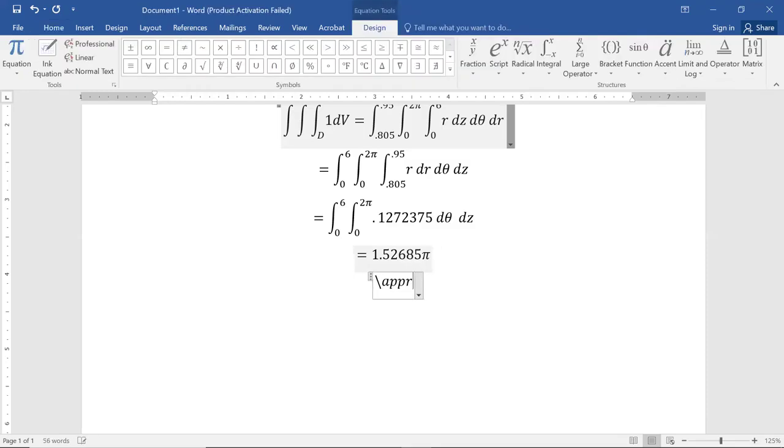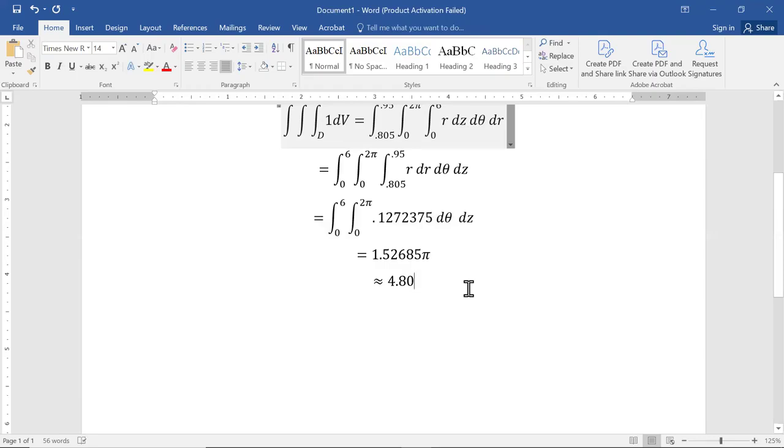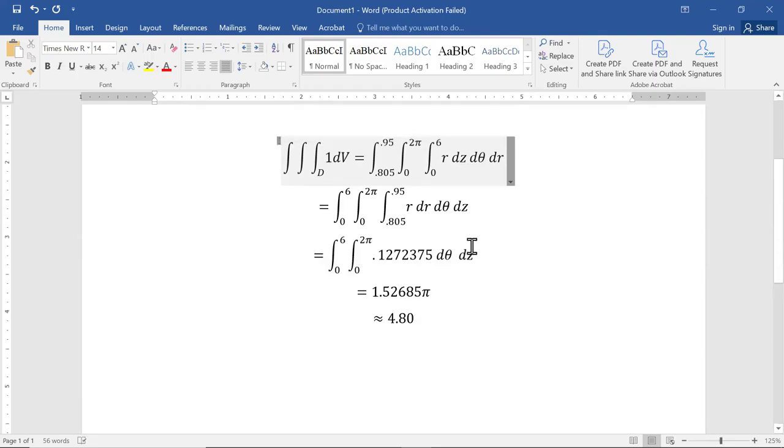So the volume is right about 4.80 cubic inches. All right. Again, all of my measurements here were in inches.